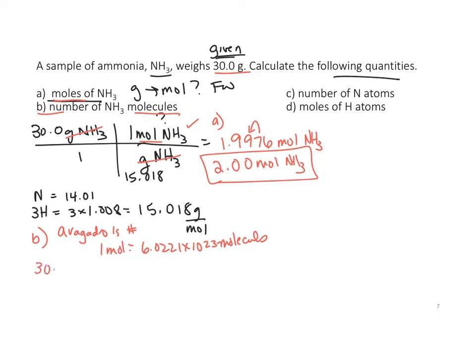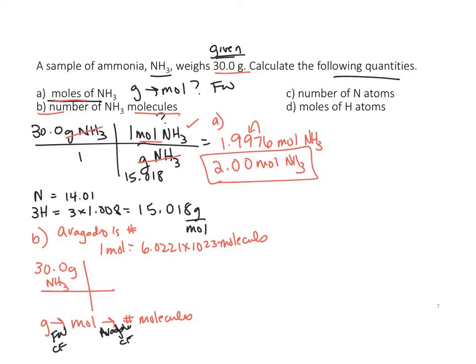You're starting with 30.0 grams of ammonia, and you have to go from grams to moles to number of molecules. This is the formula weight, this is Avogadro. These are your conversion factors that you're going to use to get there.